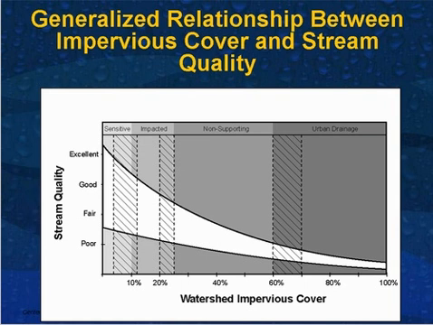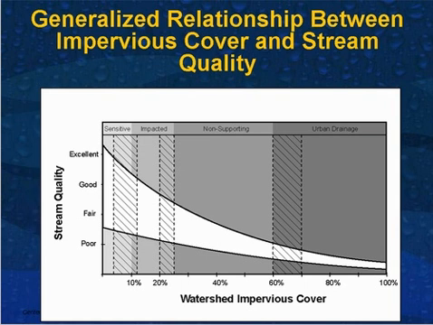And here we're definitely seeing, as I mentioned before, a correlation between stream quality and the amount of impervious surfaces. This graphic is a little bit complicated. You might want to print it out and take a look at it. I know Tom Schuler is writing a paper with some other folks, and that should be published soon. We'll try to make that available on the NPDES website on this very topic.